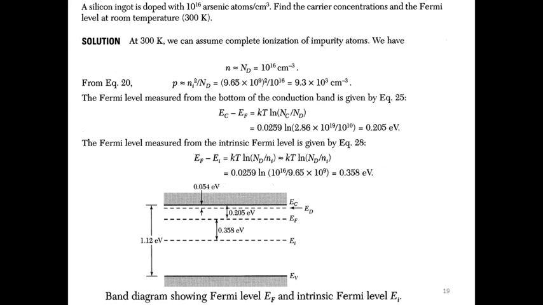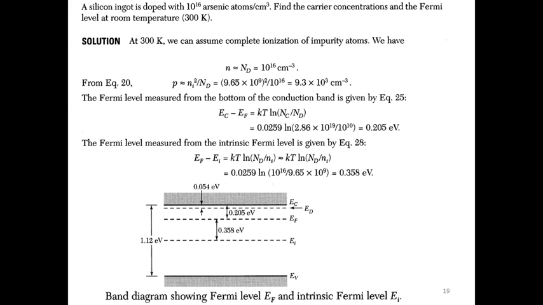Then, based on the intrinsic carrier concentration, and having just gone through the extrinsic carrier concentration, n-type and p-type, we will solve some numericals. The first numerical: take pure silicon doped with 10 raised to 16 arsenic atoms, and arsenic atoms we know are donor impurities, that is, an n-type semiconductor. Then in this numerical we have to find the carrier concentration and the Fermi level at room temperature.